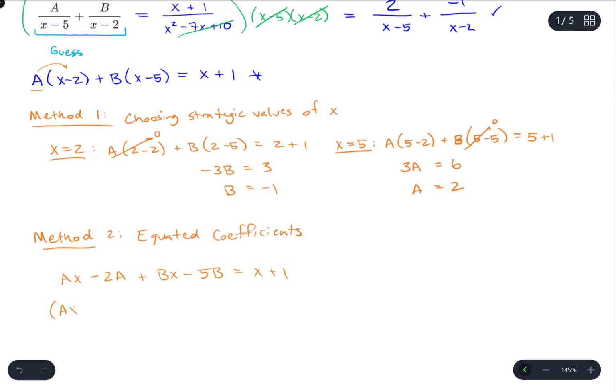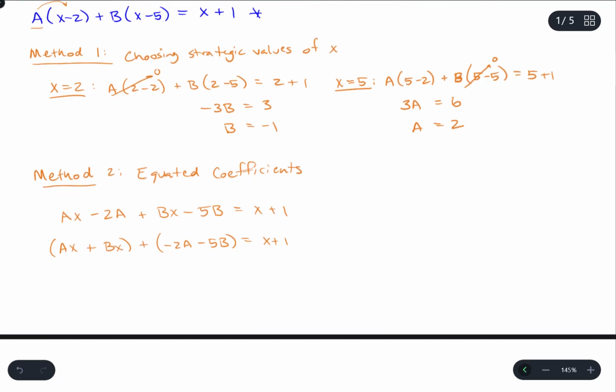So Ax plus Bx. And everything that's a constant I group together. So negative 2A minus 5B equals x plus 1. And I factor out common factors. So x times A plus B. And the negatives here I'm just going to leave in. It's usually the common factors that are variables that you would pull out. Negative 2A minus 5B equals x plus 1.